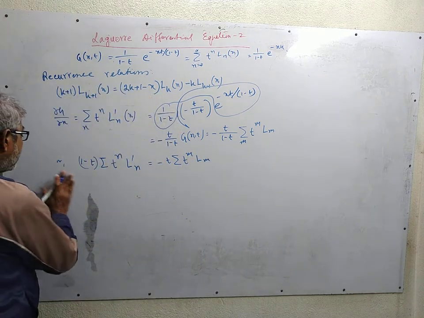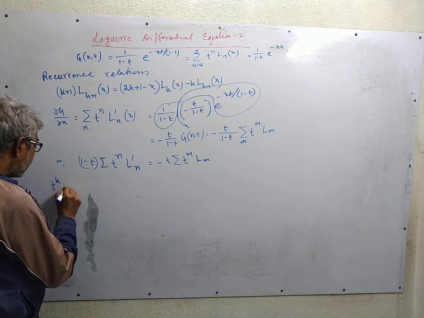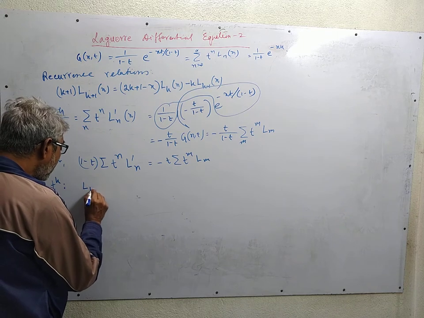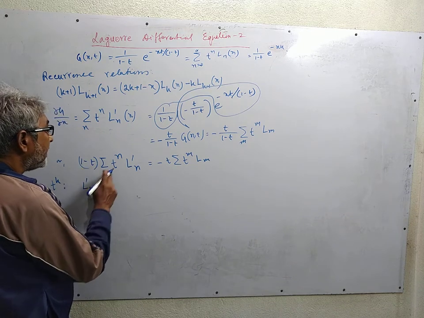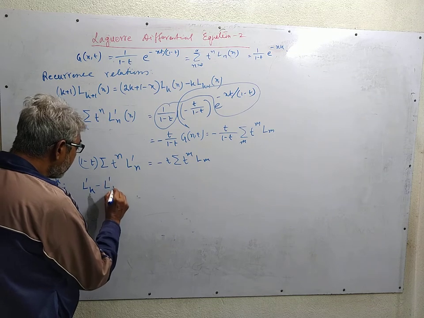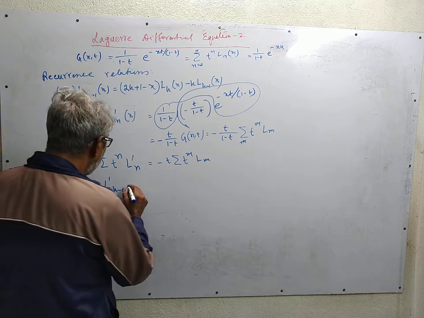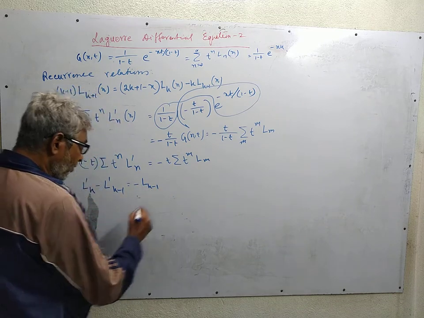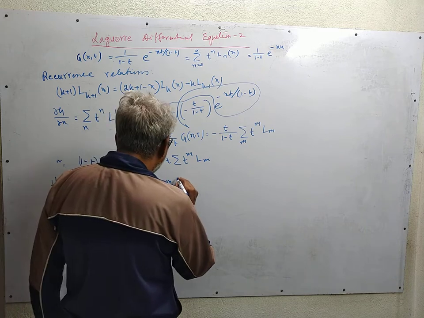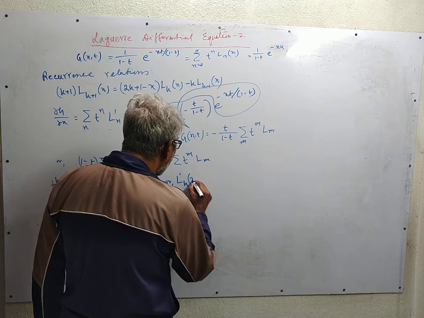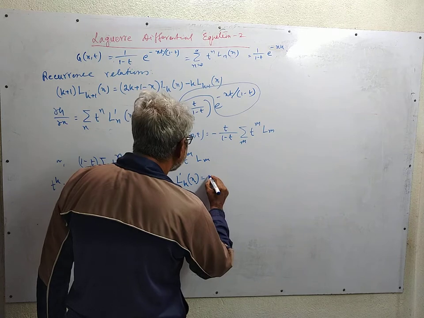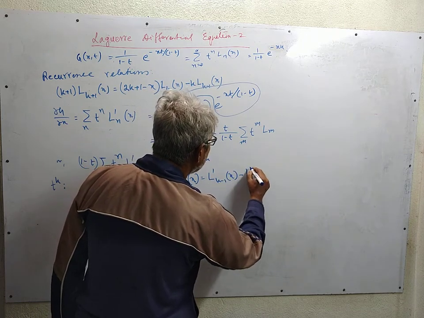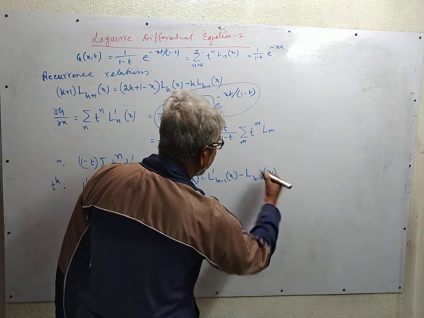Again, this is an identity, and we take the coefficient of t to the power k on either side. The first term is lk prime, and this is l prime k minus 1, and is equal to minus lk minus 1, or we get lk prime of x is equal to l prime k minus 1 of x minus lk minus 1 of x.